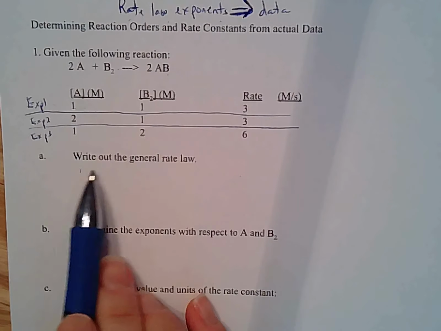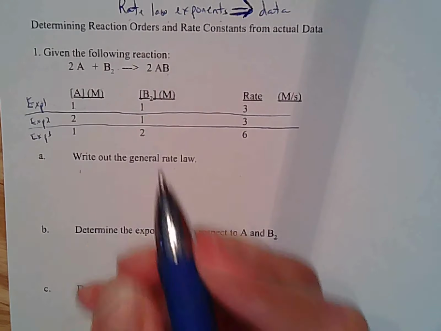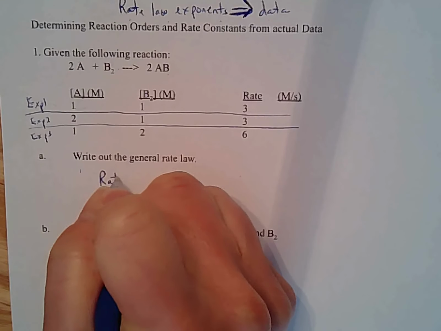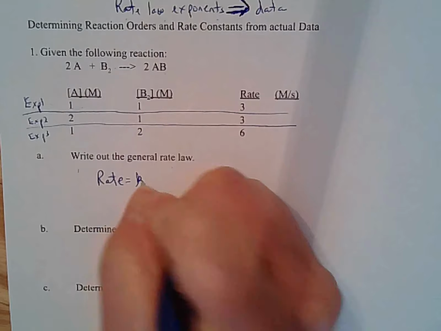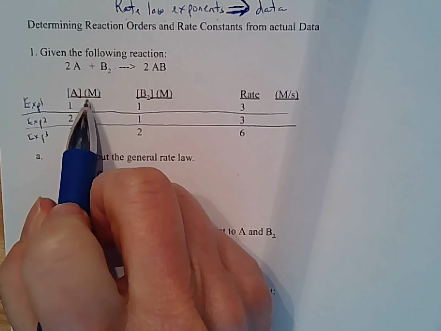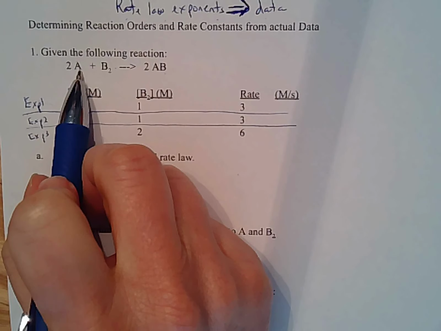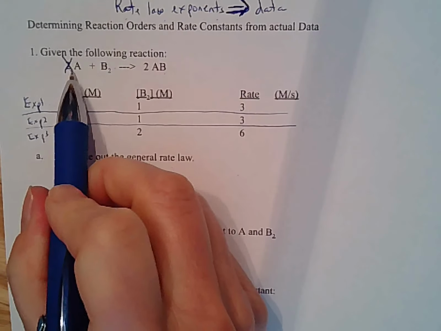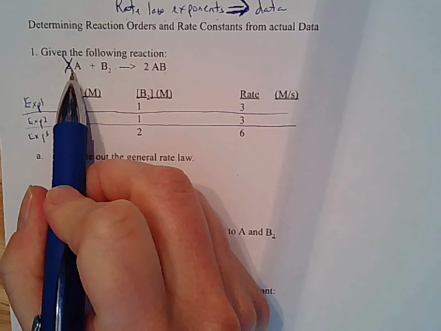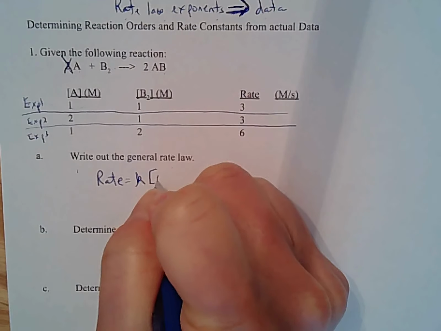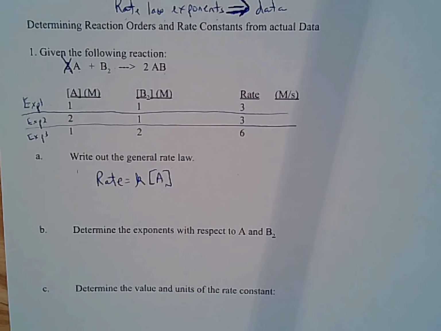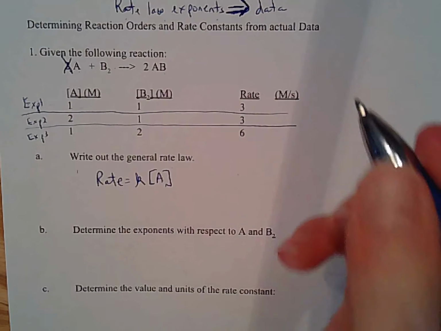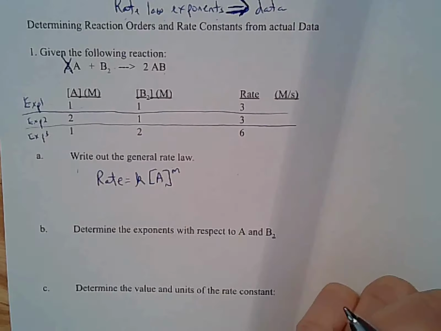First is to write out the general rate law, and this is usually pretty much the same. You're going to write rate on the left and put an equal sign, and then put a lowercase k, and then you're going to take the reactants. We are not going to look at the stoichiometry, so it does not matter that there's a 2 in front of that A there. All I'm going to do is put A in brackets, and they need to be in brackets, they can't be in parentheses, and I am going to put the letter M on top.